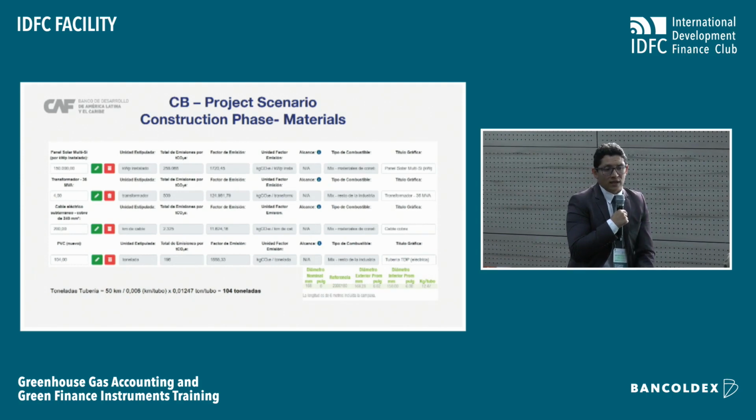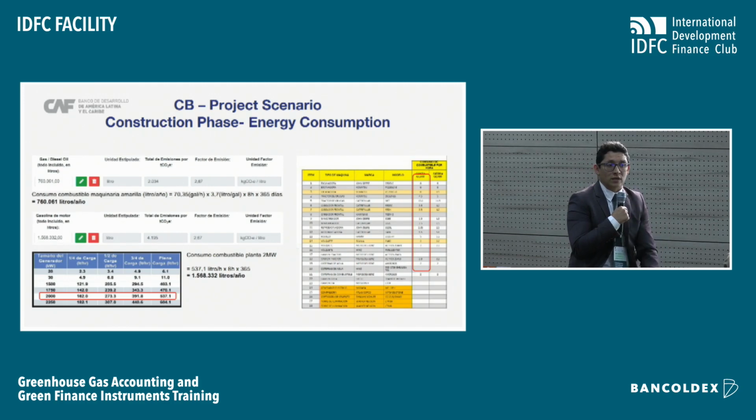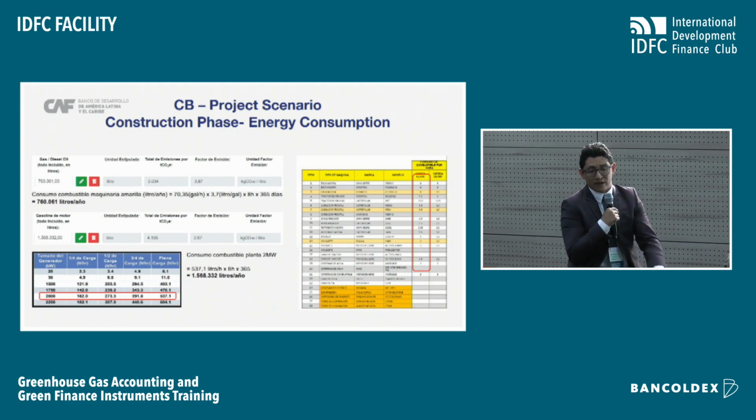We include those activity data into the tool, and we calculate the greenhouse gas emissions in the baseline scenario. Later we move to the construction of the project scenario in two parts: the construction phase and the operation phase for the project scenario.